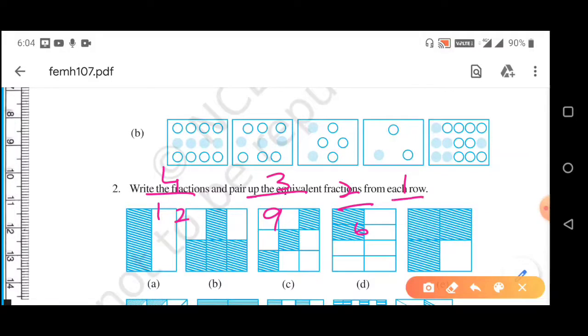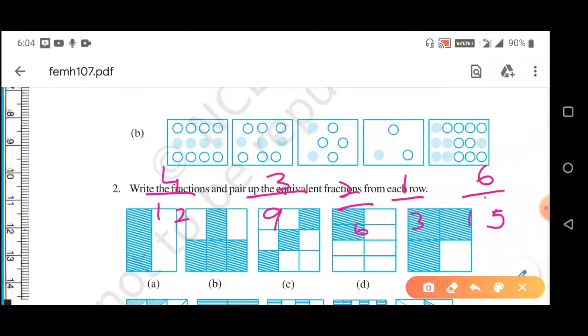Here we have 1 circle shaded out of 3. Here we have 15 circles, 6 circles are shaded. We have to check whether these fractions are equivalent or not.